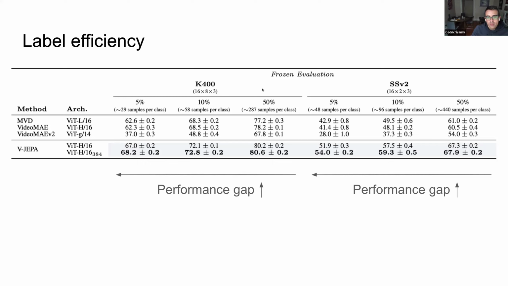Of course, the more shots you have, the smaller the performance gap. But this basically means that V-JEPA is really good at learning or at adapting with very little data. So that's a pretty important message. And that's true for both datasets or both tasks, essentially, Kinetics 400 and Something-Something V2.